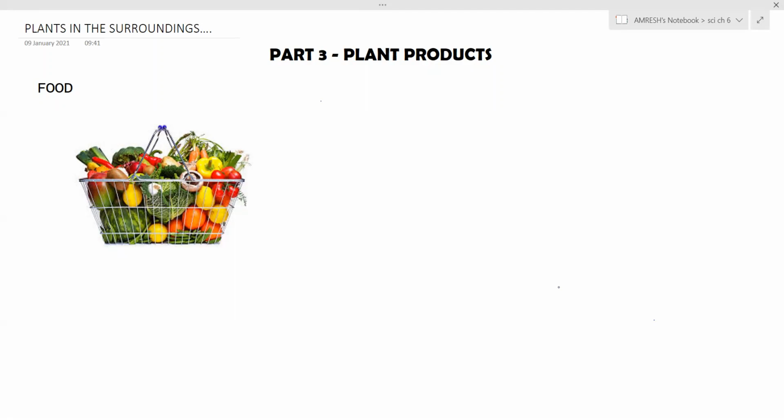The first product and the most important product is food items. What kind of food we get? We get fruits, vegetables.